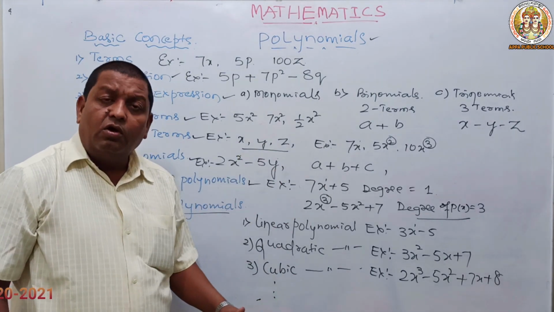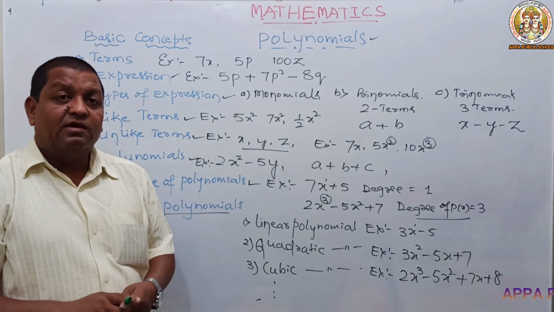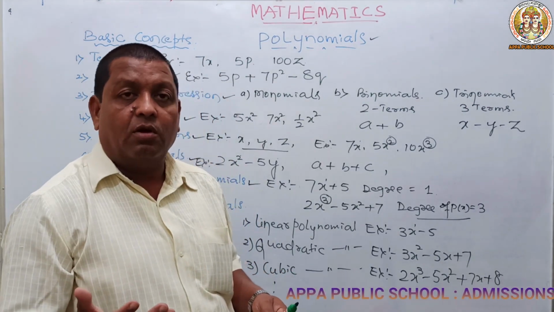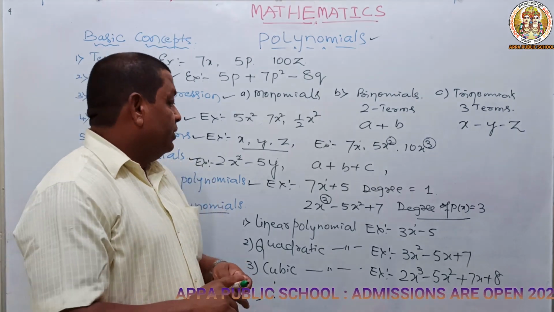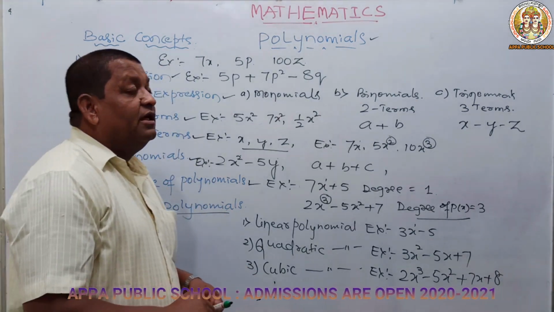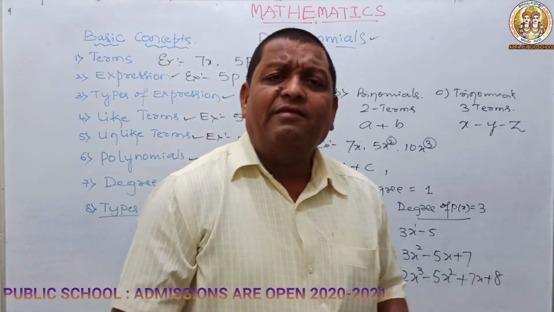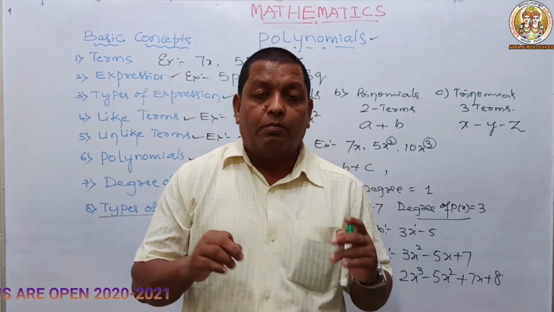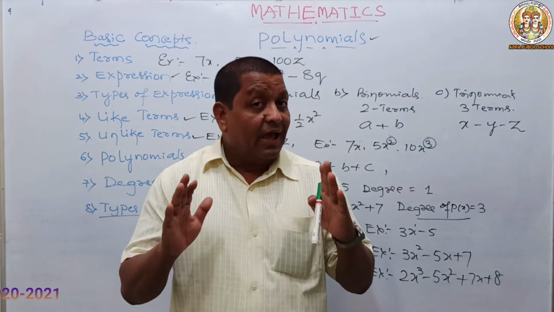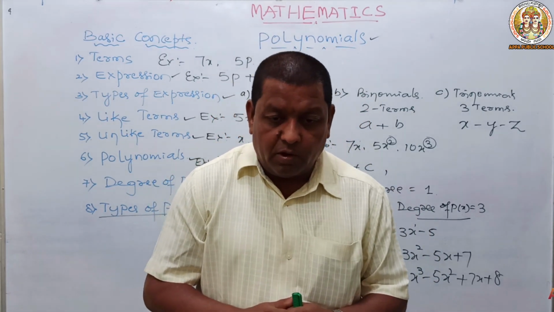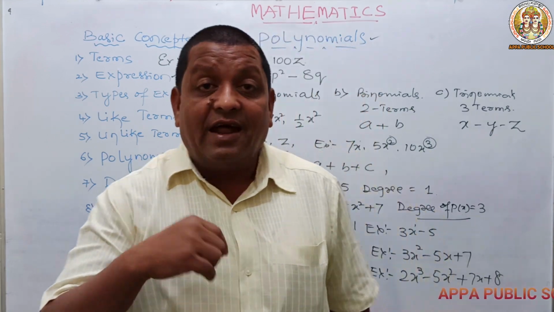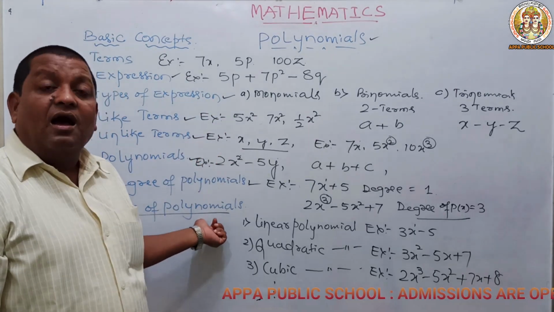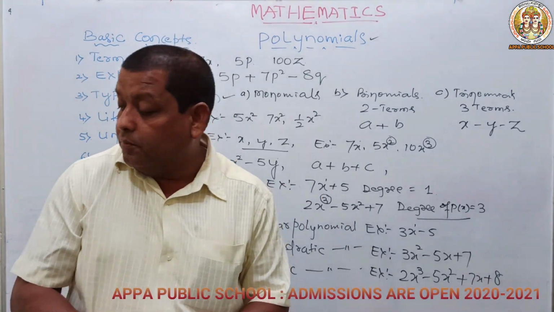If degree 4, fourth degree polynomial. Fifth degree polynomial. Like that, we are coming to nth degree of the polynomial. In 9th standard, we are going to study the standard form of polynomial in nth degree. That is our 9th standard syllabus, meaning polynomials and the standard form of the polynomial.